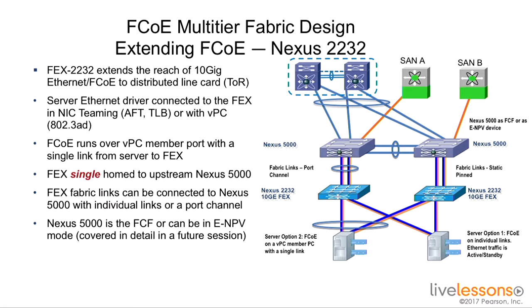Even though this diagram doesn't depict it, we can also create a VPC between the Nexus 5000 and the 2232, as well as between the 2232 and the host. This is called enhanced VPC.